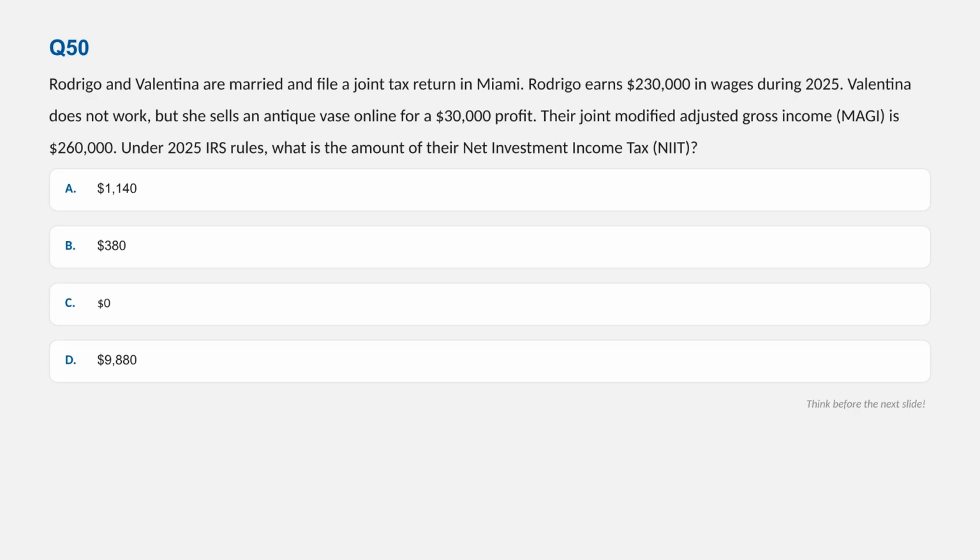Their joint modified adjusted gross income (MAGI) is $260,000. Under 2025 IRS rules, what is the amount of their net investment income tax? A. $1,140, B. $380, C. $0, D. $9,880.